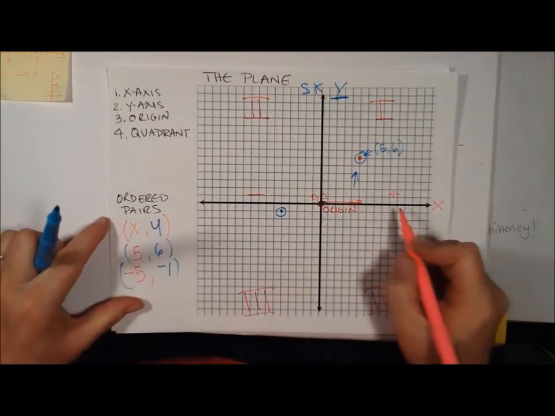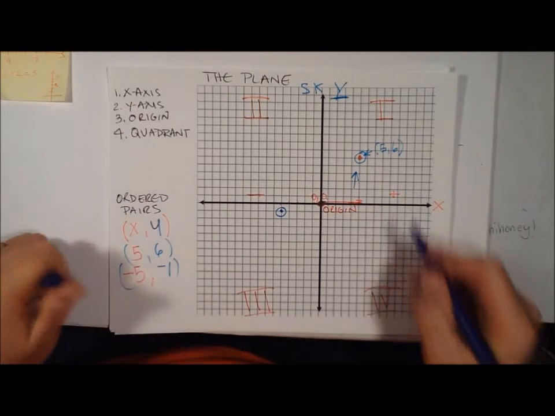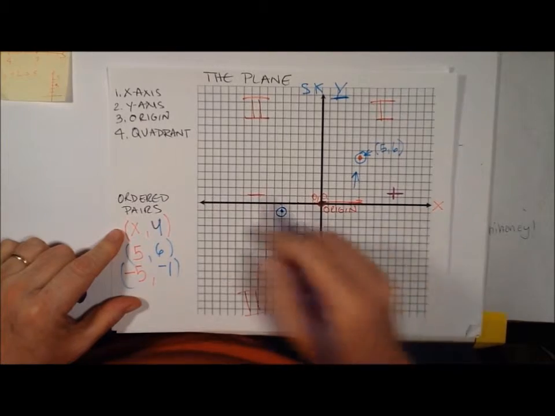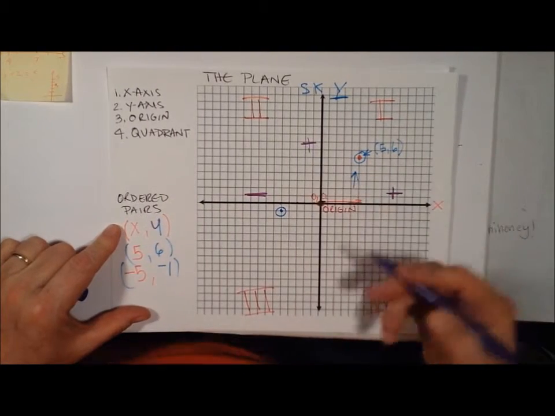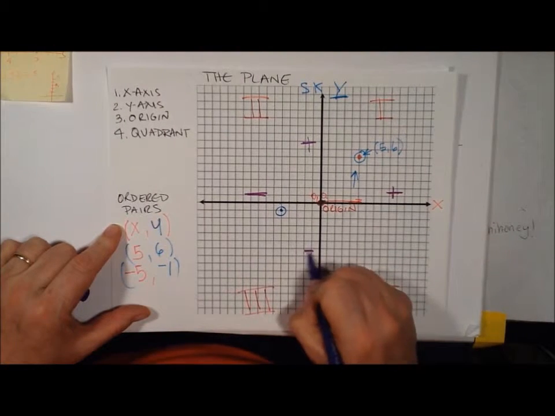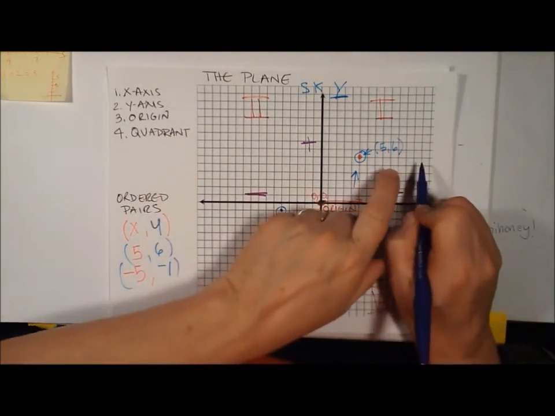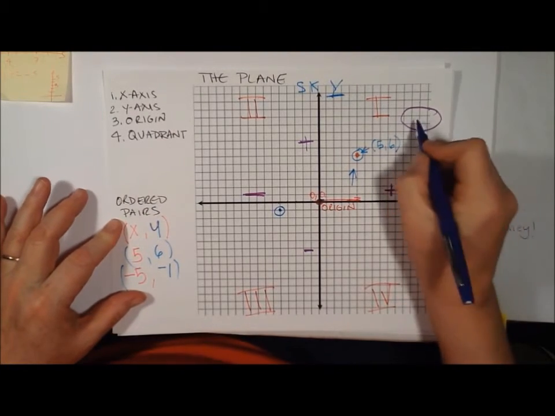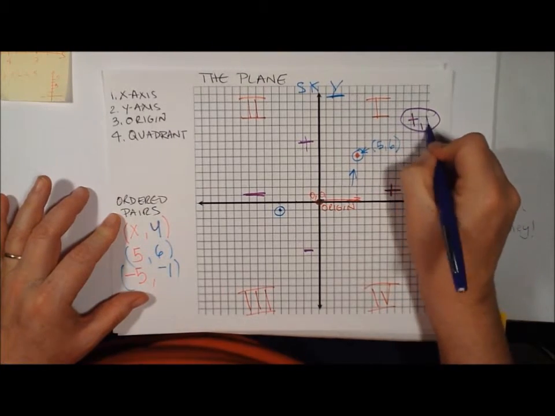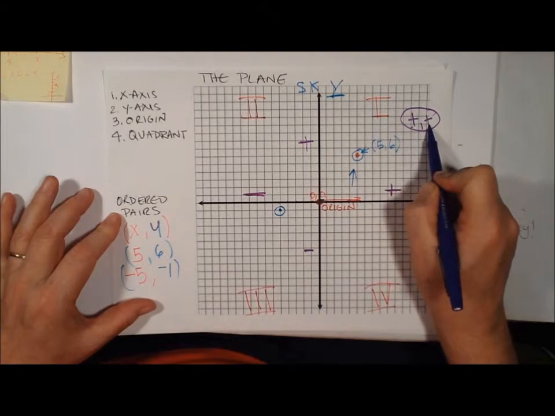Now, the other thing to remember here, and this is so significant that I have to get a completely different color: some directions are all positive and some are all negative. What that tells you is that any ordered pair in quadrant number 1 will be positive, positive: positive x, positive y.